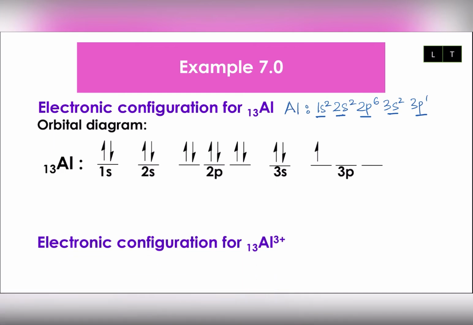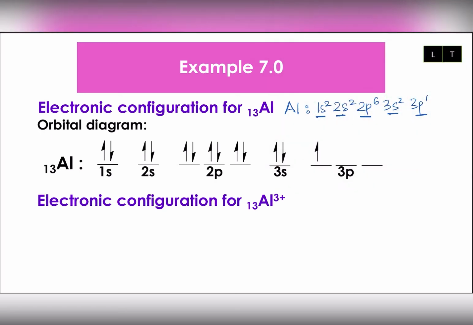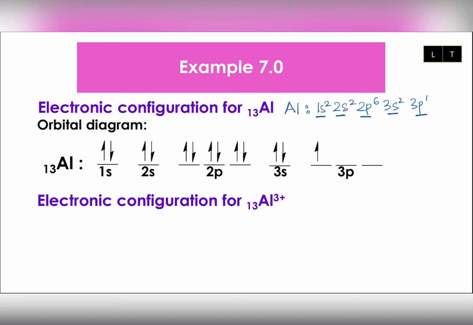Now, if I upgrade my question, I want you to write the electronic configuration for Al3+. The 3+ here means that 3 electrons are removed from the outermost shell of the aluminium atom. Based on what you've learned so far, here is n equals 1, here is n equals 2, and here is n equals 3.